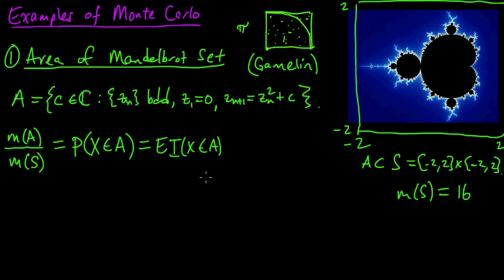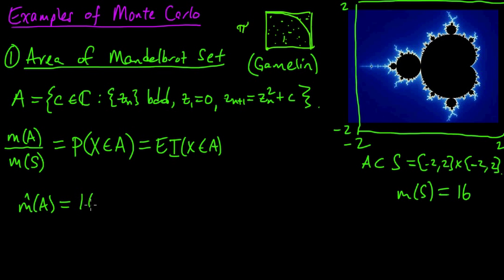And so we can approximate this. We can use a Monte Carlo approximation for this. Remember, we know that the area of S is 16. So let's approximate the measure of A by 16 times our Monte Carlo approximator for this.